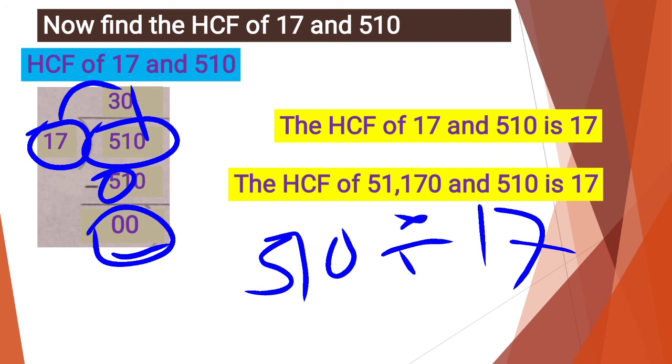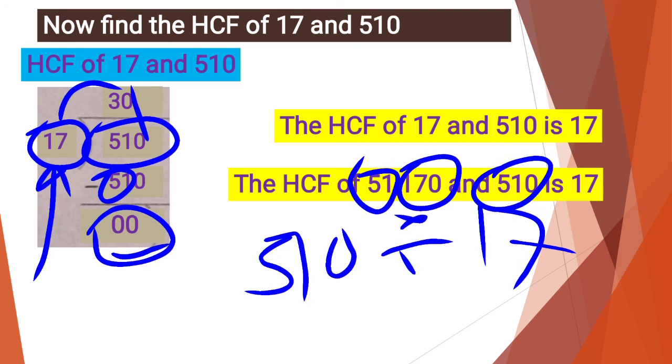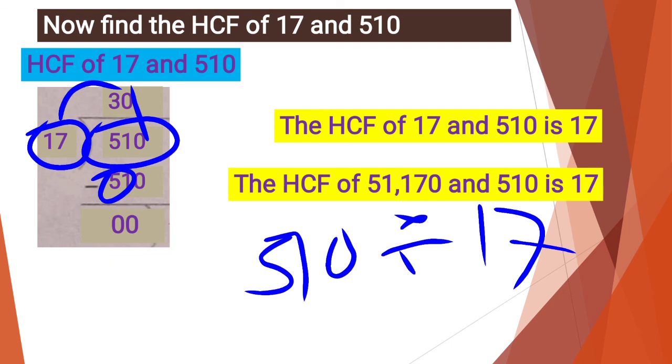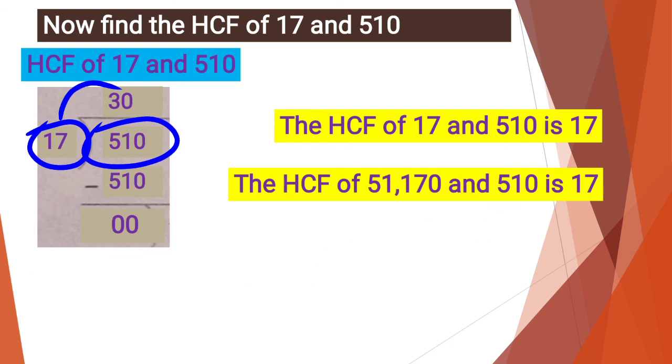But listen carefully. This 17 is not only the HCF of 17 and 510. Actually, it is the HCF of 51, 170 and 510. So we can find the HCF of three numbers by using this method.